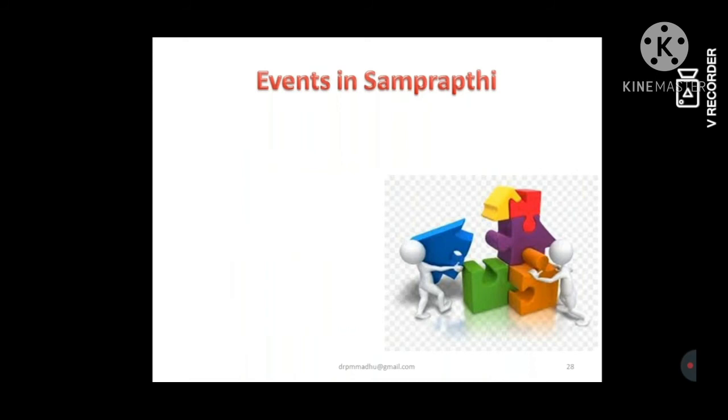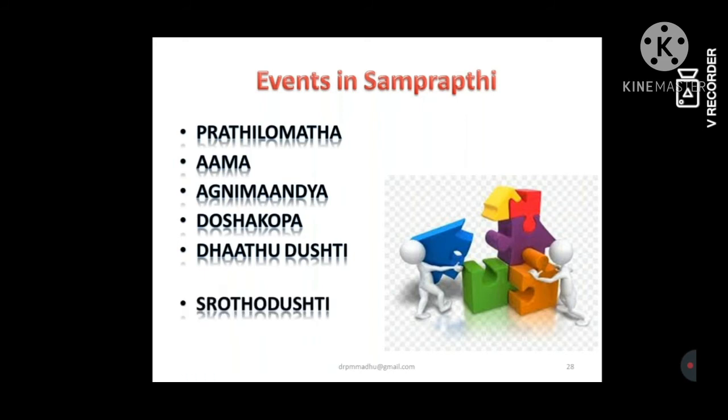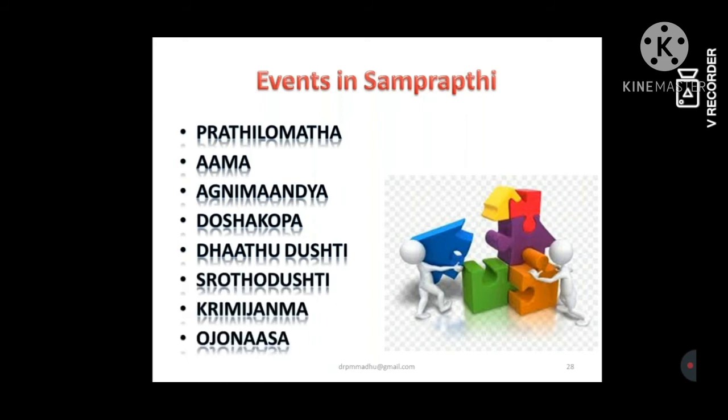So events in Samprapti, you see, obviously there will be Prathilomatha inside his body, and Ama will be there, Agnimandya will be there, Dosha Kopa will be there, Dhatu Dushti will be there, Srotodushti and Krimi Janma. These are the essential events happening inside the body in a cutaneous manifestation.